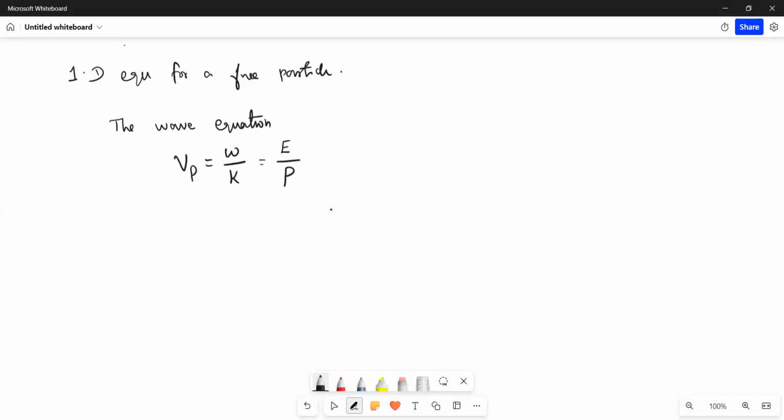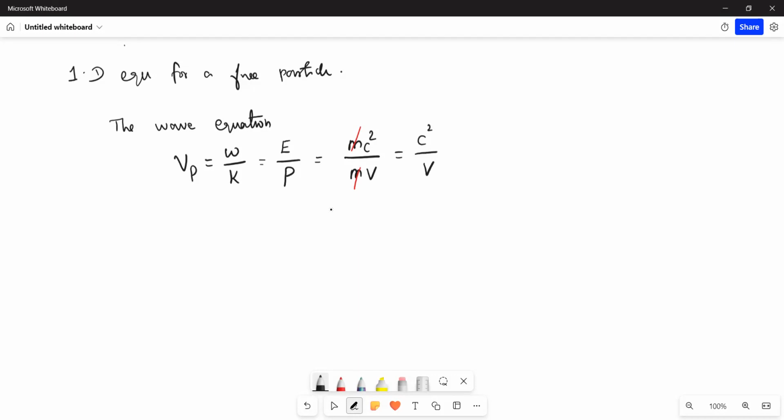If you want to write the same in another form, E is nothing but mc square, and the momentum is nothing but mv. After cancelling m, finally you will get c squared by v.